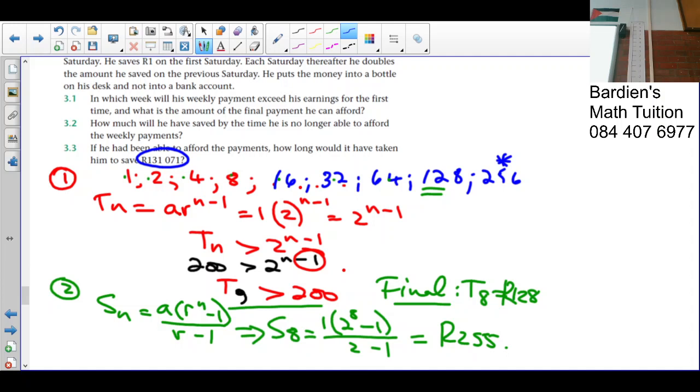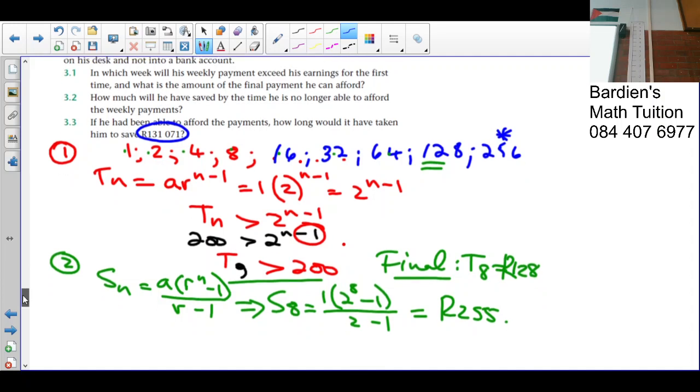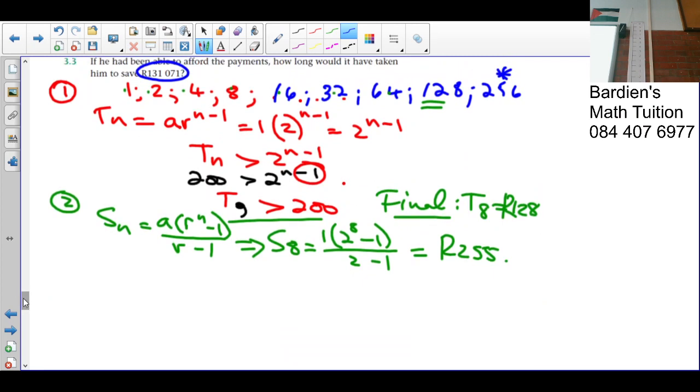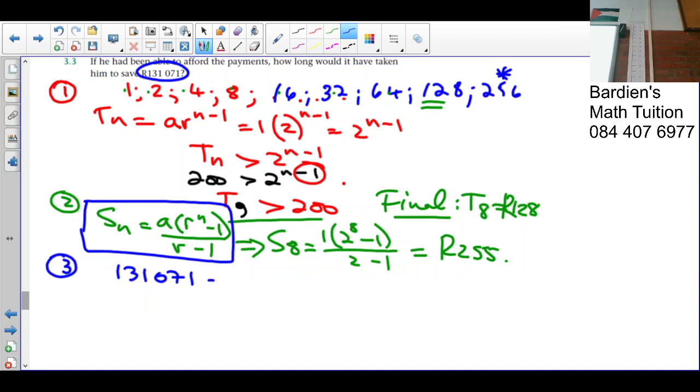You understand? So if you carry on here, so we say Sn again equals a, same story here. Not going to write the formula down again. You just need to write it once in the exam. So Sn, they want to end off with 131,071 rand. Your a value is 1.